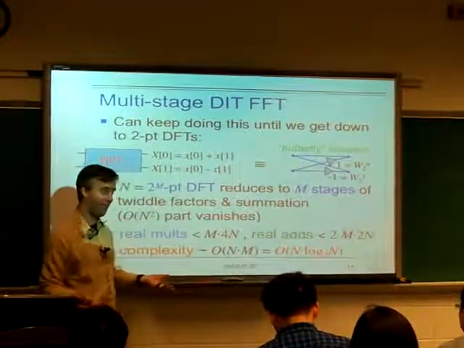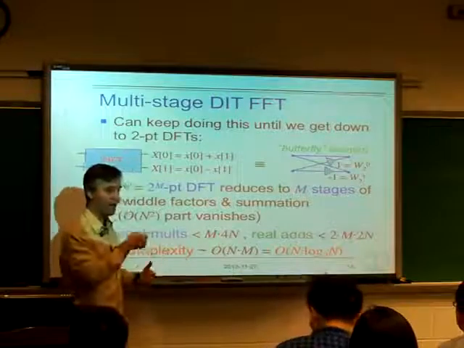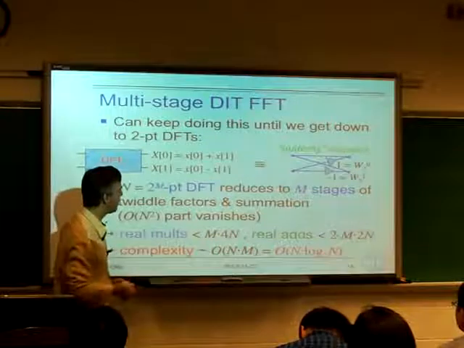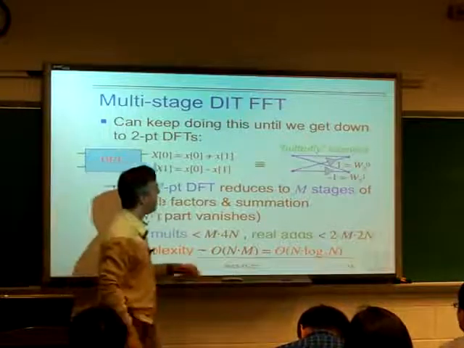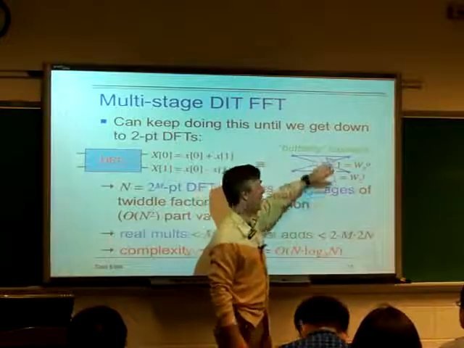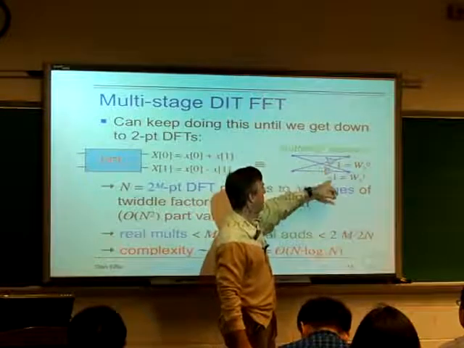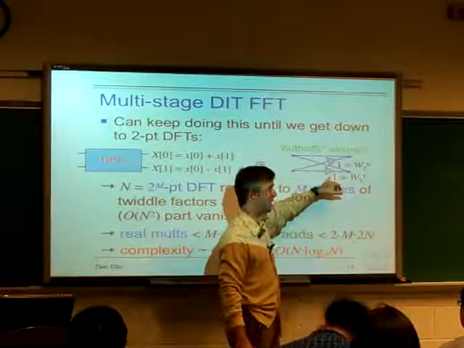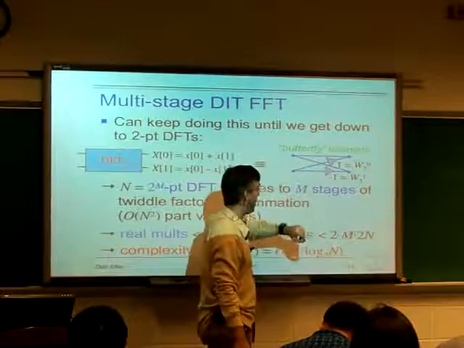That's what you get because W sub 2 is just -1. So in our previous diagram, we would now just replace those DFTs with these simple adds. They're multiplies, but they're multiplies by 1, so they don't even really count as multiplies.